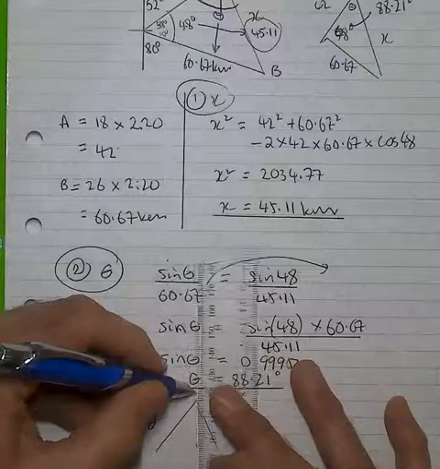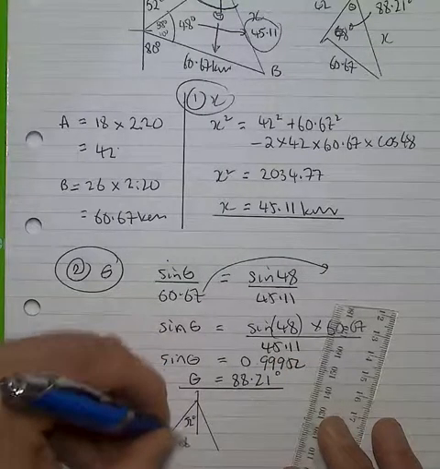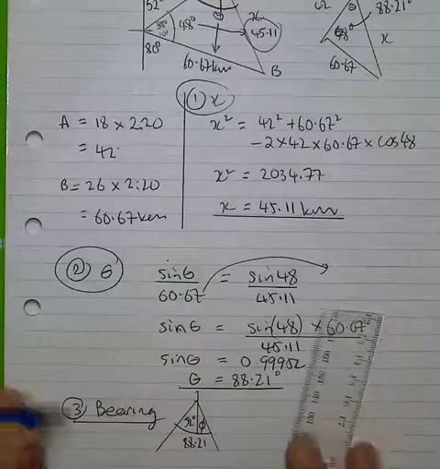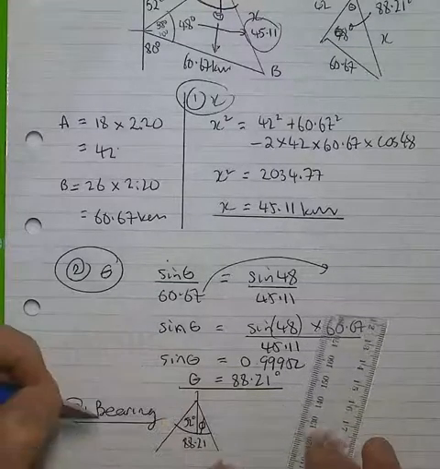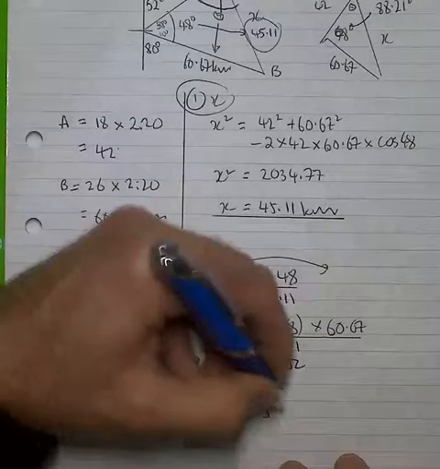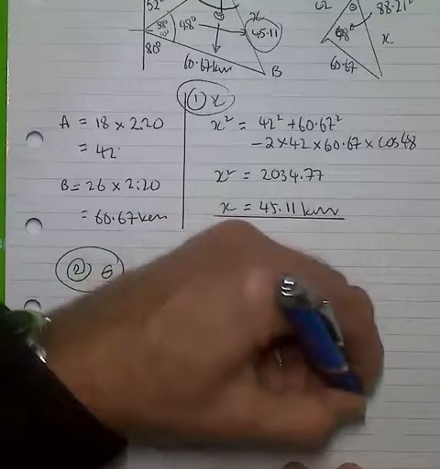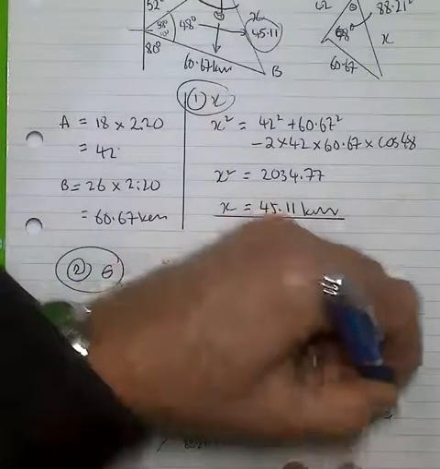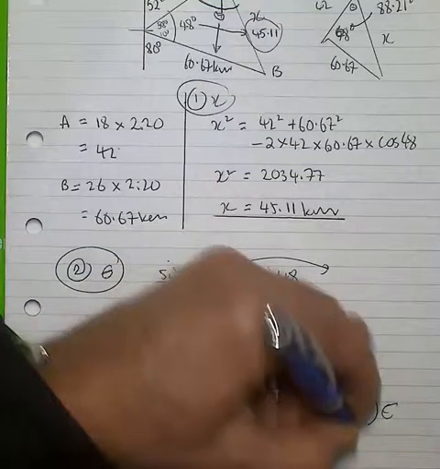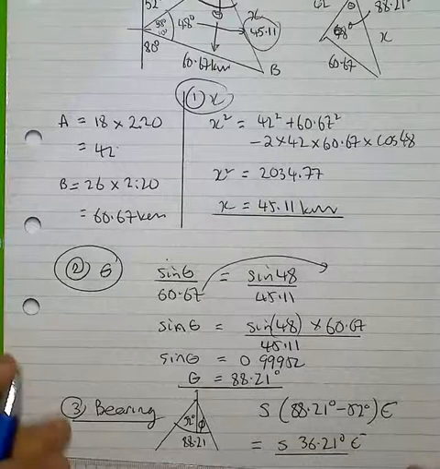That's 52, that's 88.21, and that's phi, my bearing south so many degrees, back towards the east. Or south, 36.21 degrees to the east.